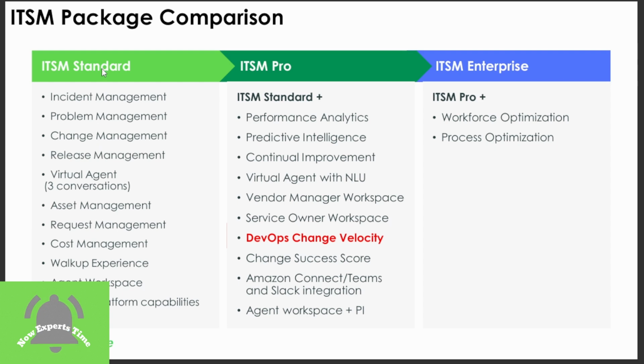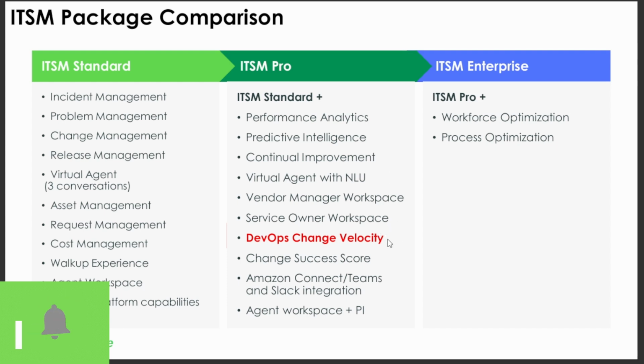Compare Standard, Professional, and Enterprise and you can see the difference. These are the things available in Standard, and these are available in Professional, which is ITSM Standard plus this functionality, meaning these items plus additional functionality. Enterprise means complete Professional plus these two additional items. That's the way they have defined it.